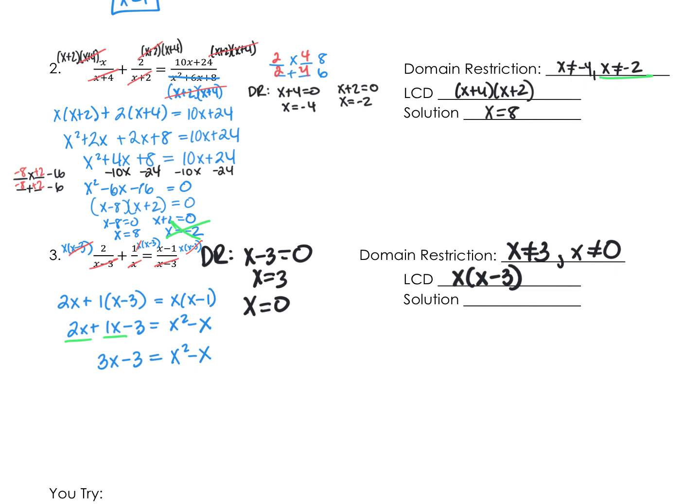This is where it gets a little bit tricky because you've got an x squared and an x. So eventually you're going to have to factor, but you need everything to be on one side and 0 on the other side. I always recommend moving stuff where the x squared is already, right? Move it to that side. So make this side equal 0 over here. Move everything over to this side and make this side 0. So go ahead and do that.